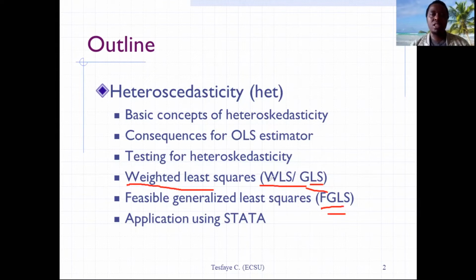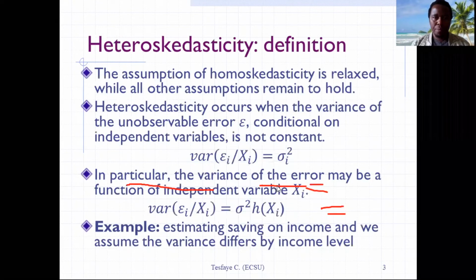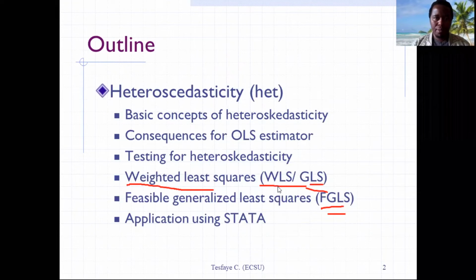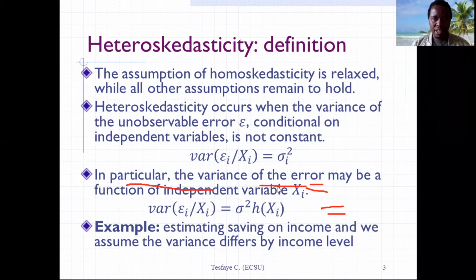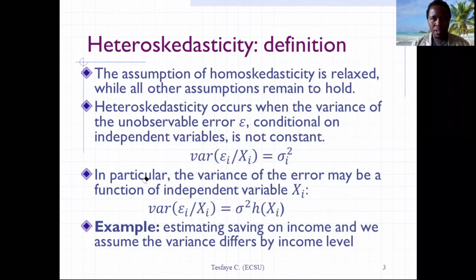Heteroskedasticity is the first part of chapter 3. When we define heteroskedasticity, the assumption of homoskedasticity is relaxed when there is heteroskedasticity.